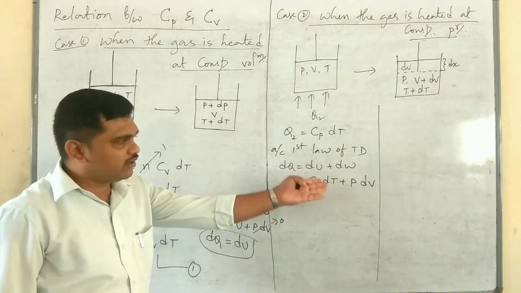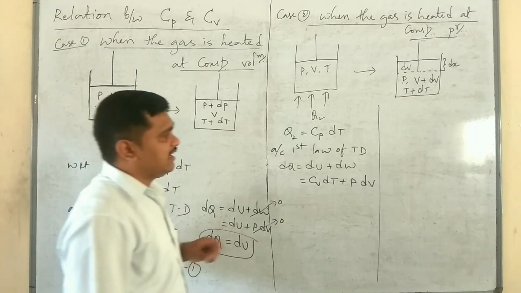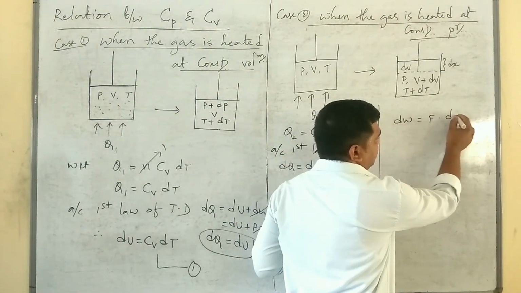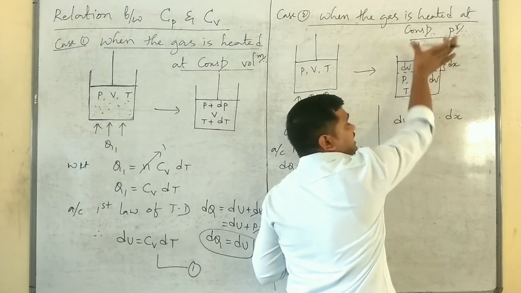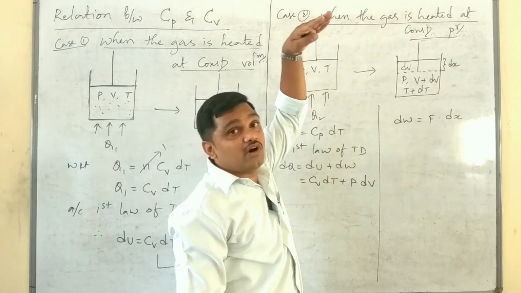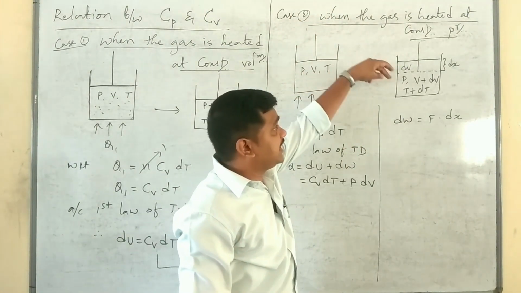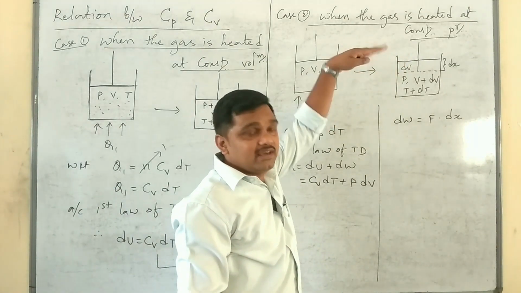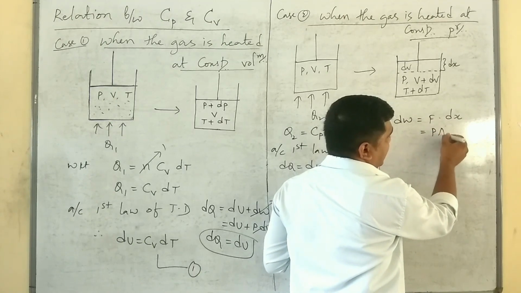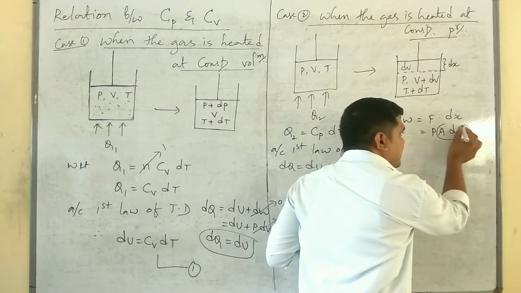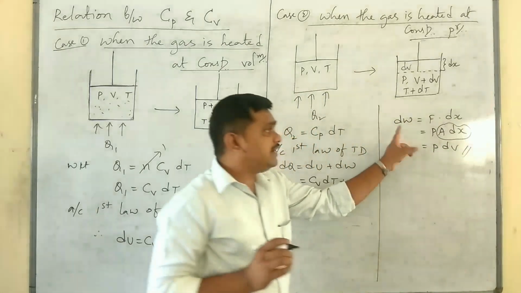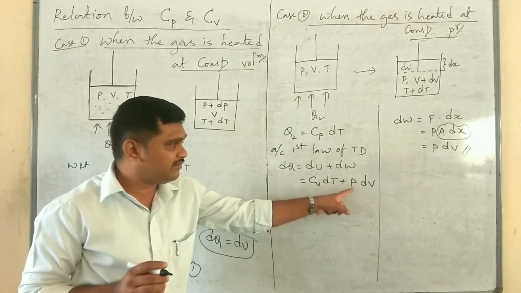How does it come? dW can be written as force into displacement. Here displacement is the change in position of the piston. On heating, the piston will go up. Since it is taking place at constant pressure, the volume increases. F into dx. For F we can write pressure into area, and area into dx is volume, that is the change in volume. So dW is equal to P into dV.